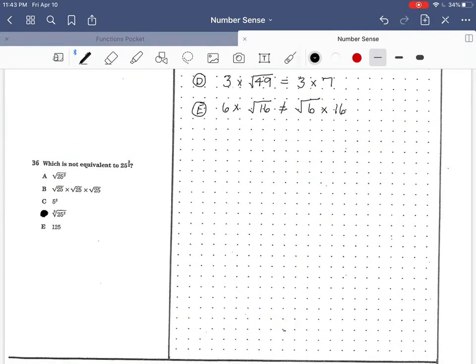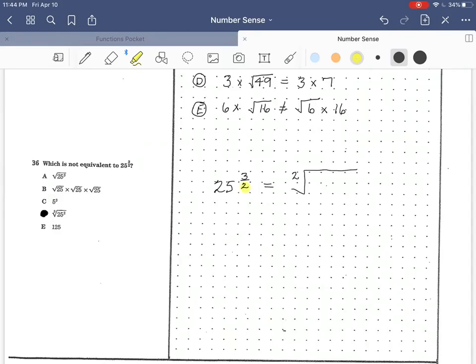Okay, number 36, which is not equivalent to 25 to the 3/2 power. Well, we've talked about this concept before, that you can rewrite this as a root. It would be a square root because the bottom number is always your root.